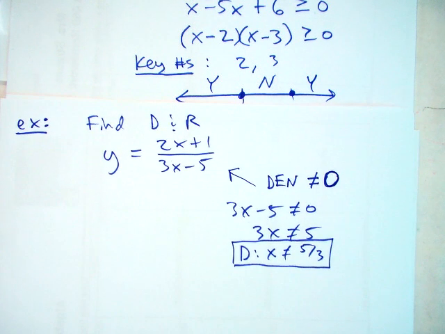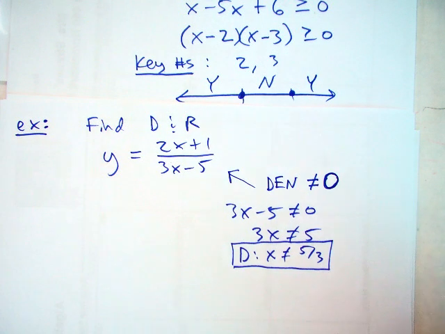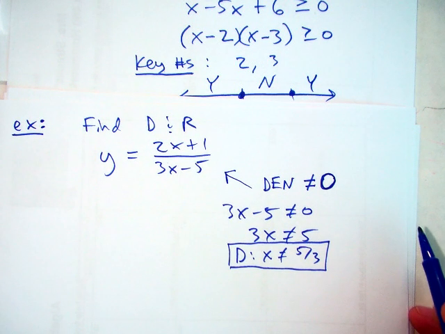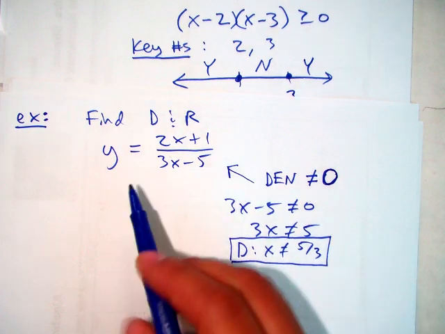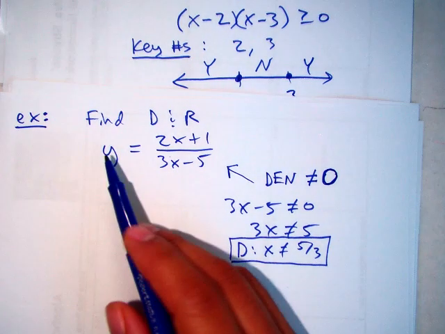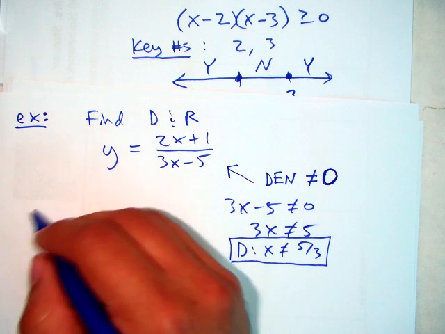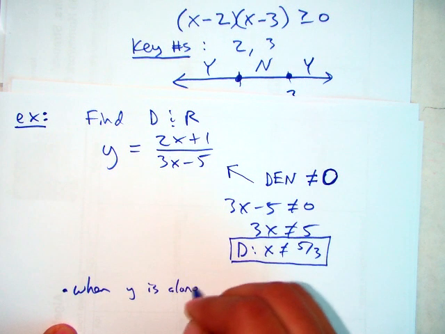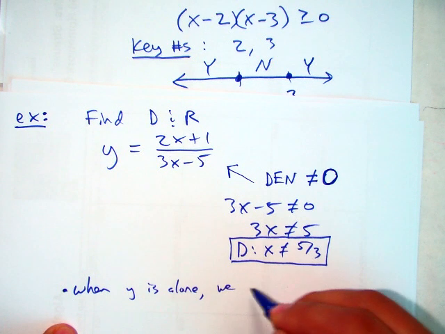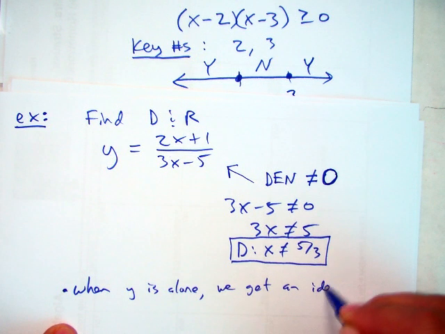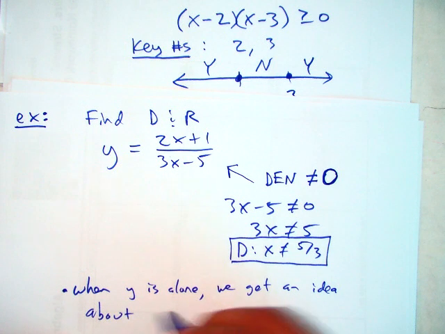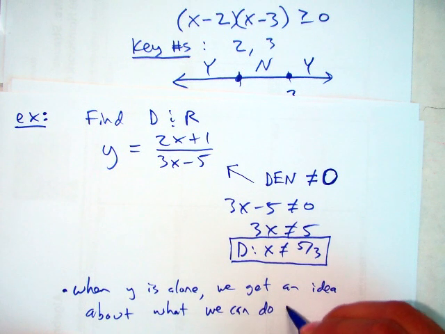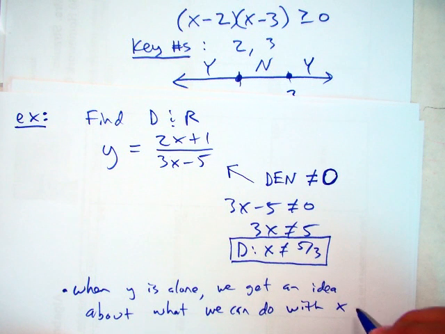Okay? Now, the range. It's not all real numbers, and I'll show you why in a minute. Right now, let's write this function down like this. When y is alone, we get an idea about what we can do with x, or not do.